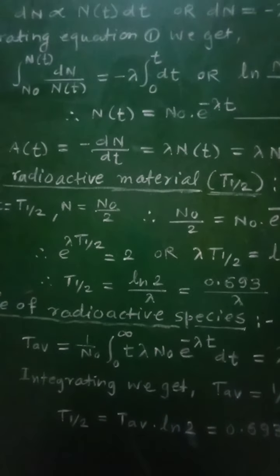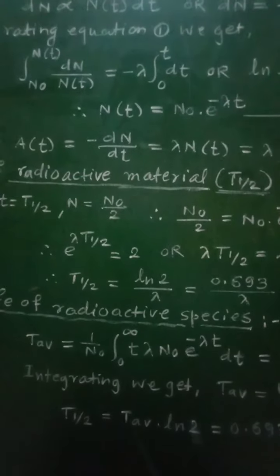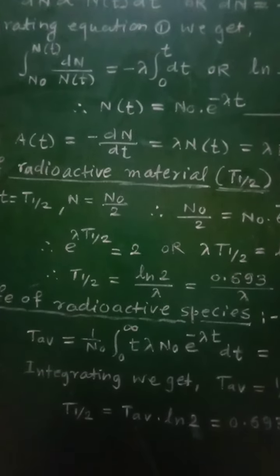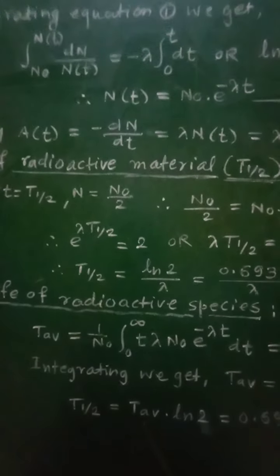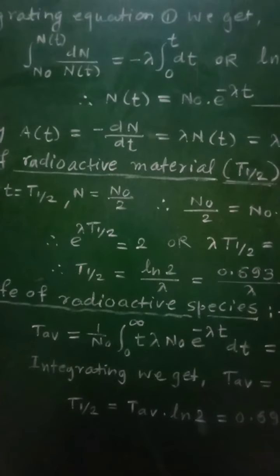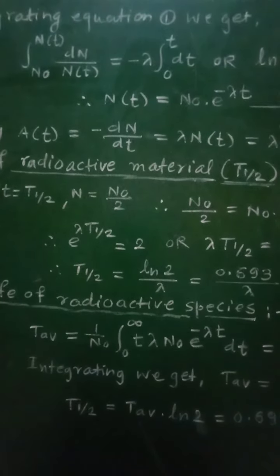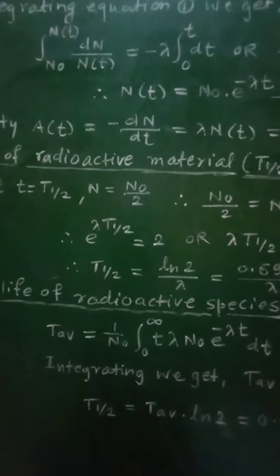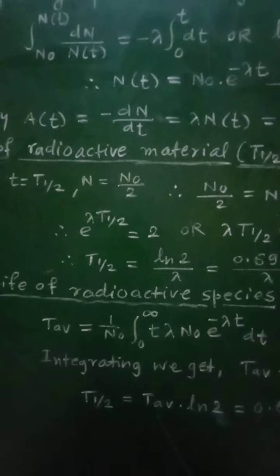The time taken for the number of parent radioactive nuclei of a particular species to reduce to half of its original value is called the half-life or half-life time of that radioactive material.